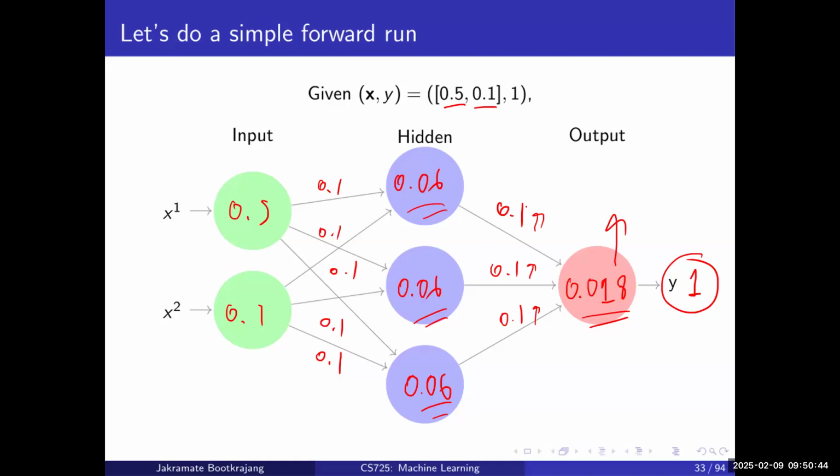If you want it to be close to 1, maybe you have higher weights, like close to 1, close to 1, close to 1. And then this will become 0.18, which is closer to 1. And then when you fix this one, you have to go back and try to figure out this weight again. So that is the forward pass.